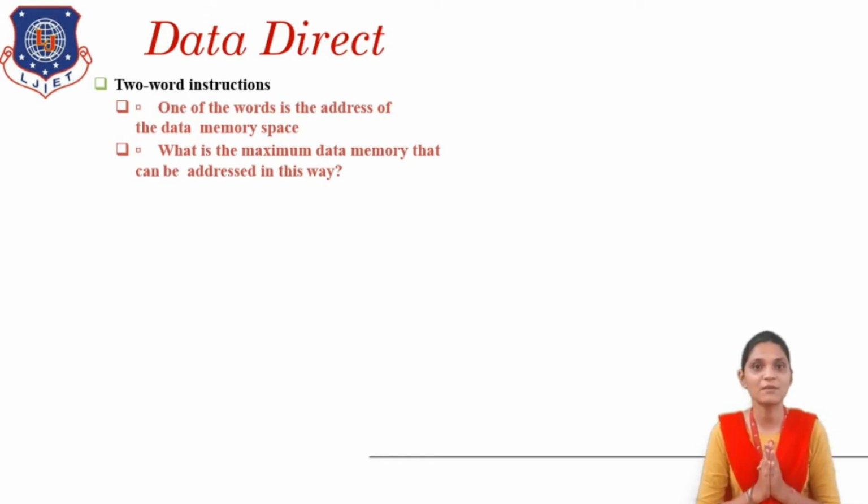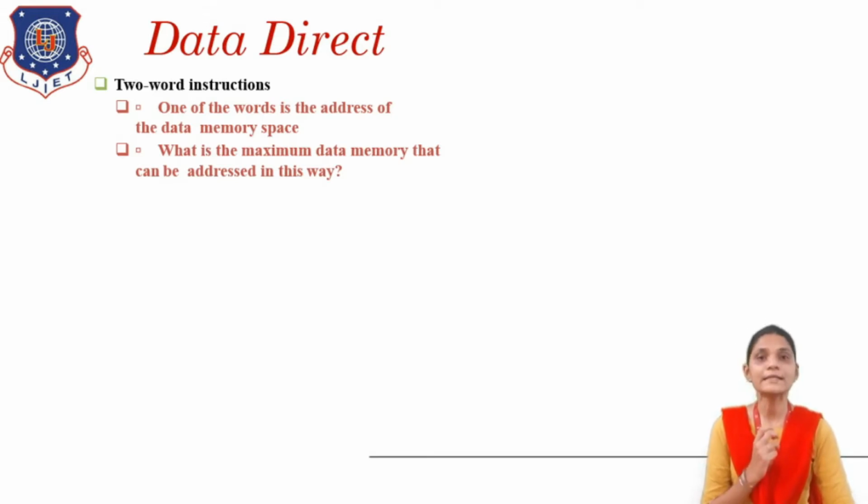The maximum data memory that can be addressed this way depends upon how many bits are available in your address line. For example, if there are 16 address lines, then you can address up to 2 raised to 16, that is equal to 64 kilobytes of memory.